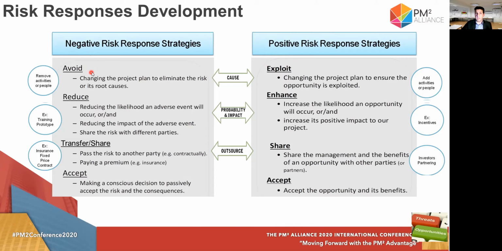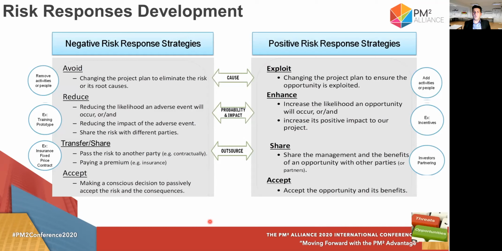You cannot make the probability of all the threats 0, and you cannot make the probability of all opportunities 100. So you have, according to your resources, to see how you will manage your risks, how you will respond to your threats and opportunities. And you can see here on the bubbles on the left and the right some examples.